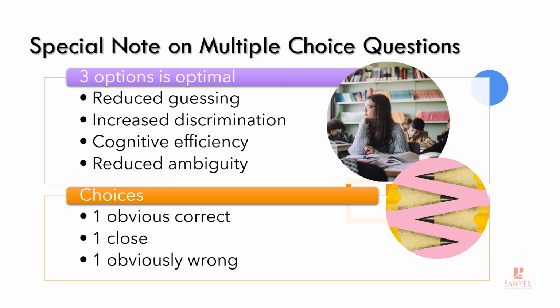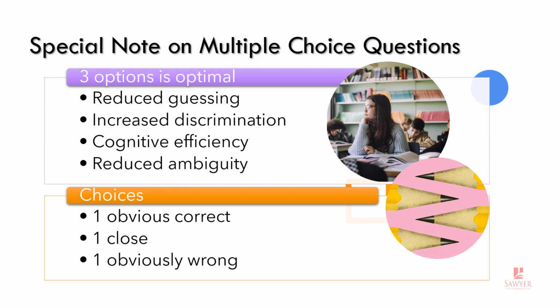Now, when we talk about reducing guessing, at this point, when you, as a student, can recognize immediately that this answer is wrong, and I know this one's wrong, well, now I'm down to 2 choices. And yes, it's a 50-50 chance, but I'm not really guessing.